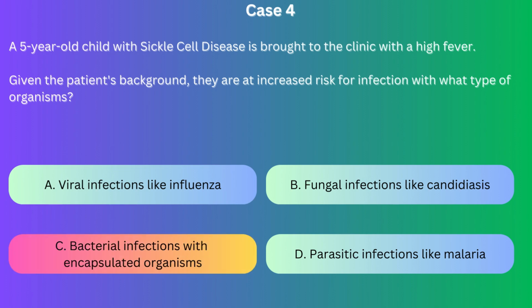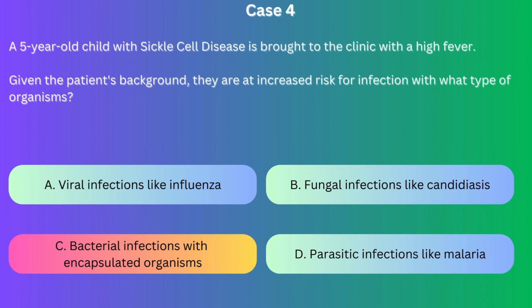Correct answer. C. Children with sickle cell disease are particularly susceptible to infections from encapsulated bacteria due to impaired splenic function or functional asplenia. The spleen plays a crucial role in filtering bacteria and mounting an immune response, especially against encapsulated organisms like Streptococcus pneumoniae and Haemophilus influenzae.